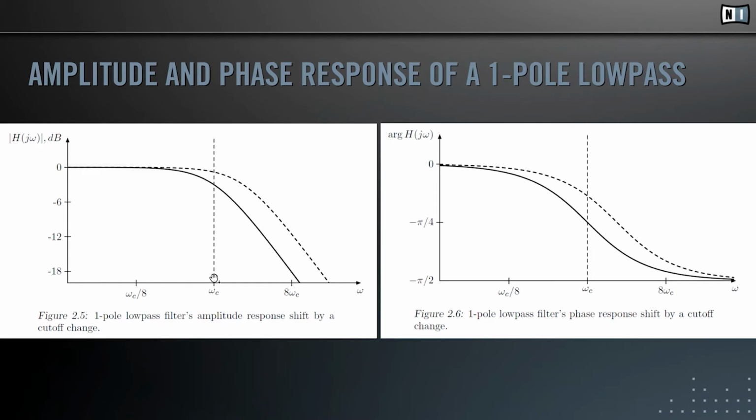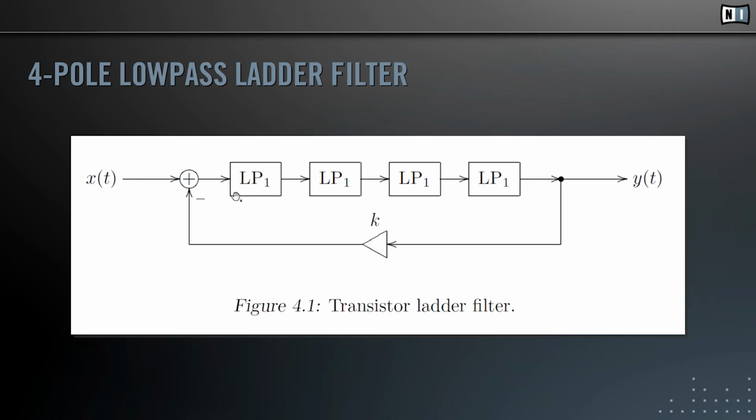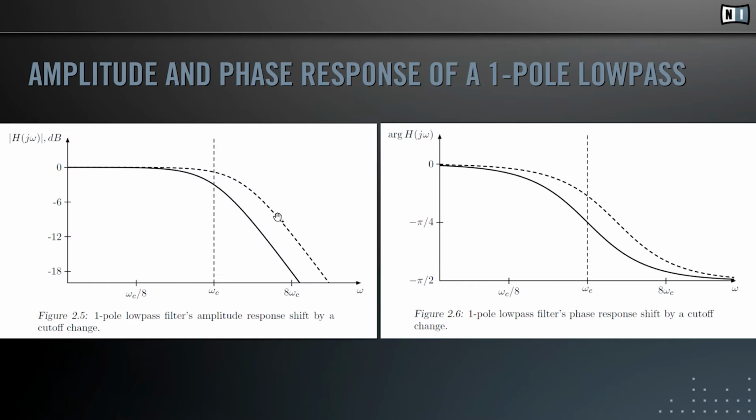On this slide, I'm showing you the amplitude and phase responses of a one-pole low pass. So of each of these blocks here, these are one-pole low passes. Please ignore the dashed curves. Just concentrate on the solid ones. So this is the amplitude response of a one-pole low pass. And this is the cutoff frequency. And you can see that to the left of the cutoff, it almost doesn't change the amplitude response.